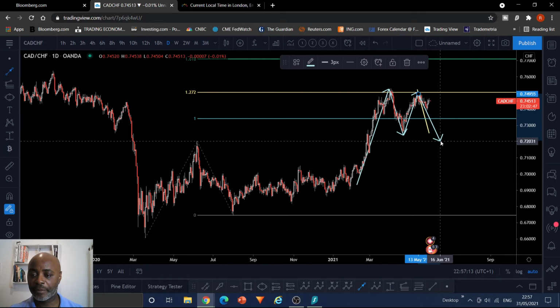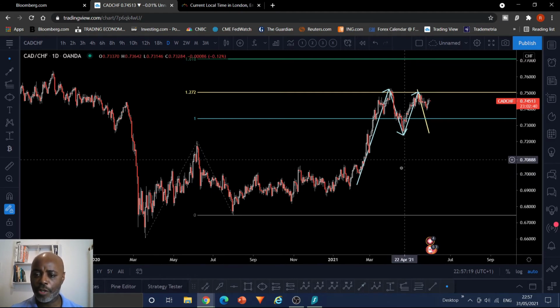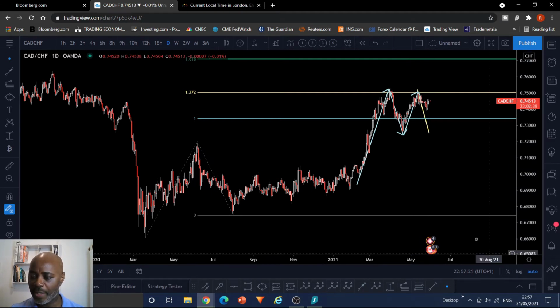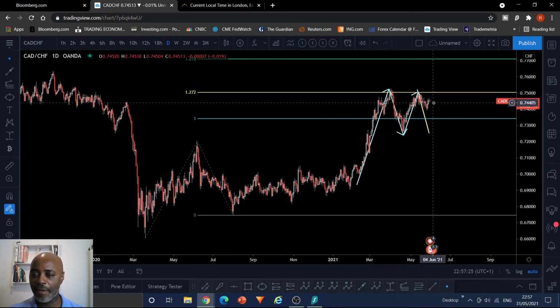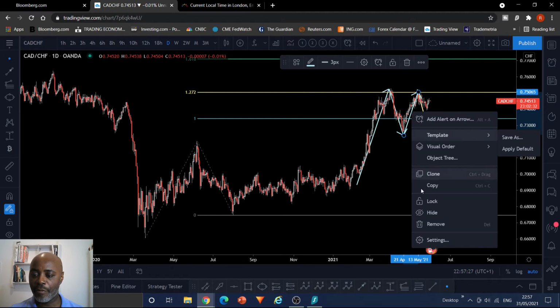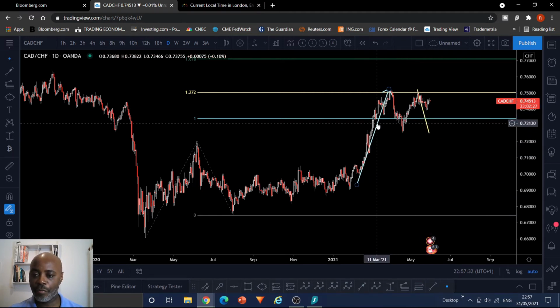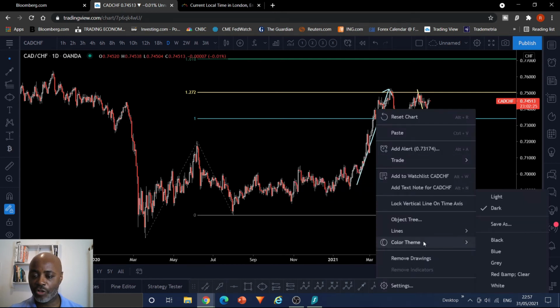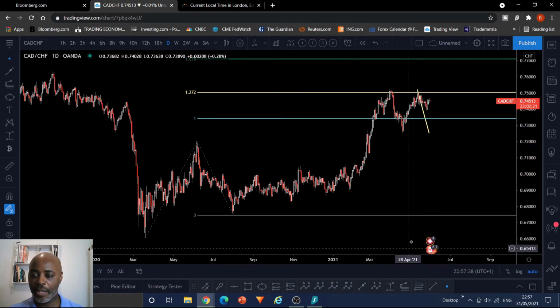Okay? Now, the next question becomes, where is price going to push? Where could price push back down to? Let's have a look at exactly where I believe price could push down to. Let's get rid of some of this stuff for now. Let's remove some of these lines and try to keep the chart as clear as possible, but you're going to have to remember some of the things I've got in mind.